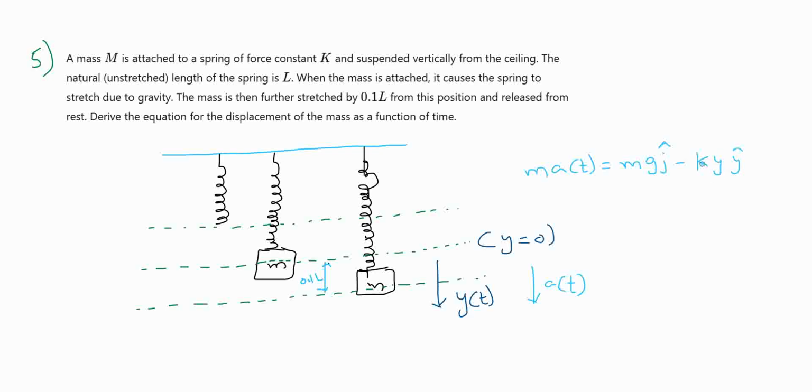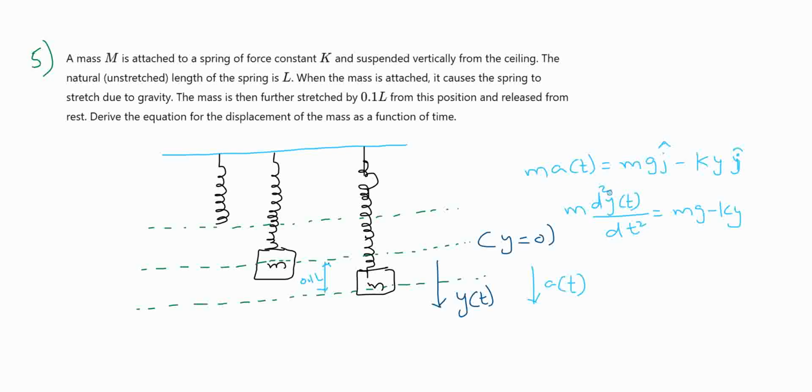So the spring force will be upwards. Now from this I can write m d square y of t by dt square equal to mg minus ky. All this is happening in one dimension, that is j cap.